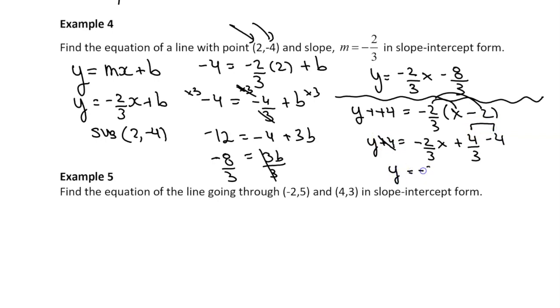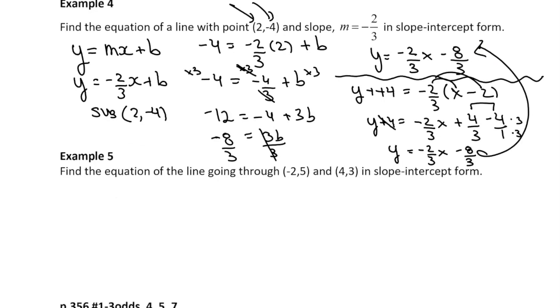You could say y equals -2/3 x, put this over 1, times by 3, and you'd get 4/3 minus 12/3, which would be -8/3. And sure enough, we get the exact same answer. So both methods are good methods to be able to do for this.